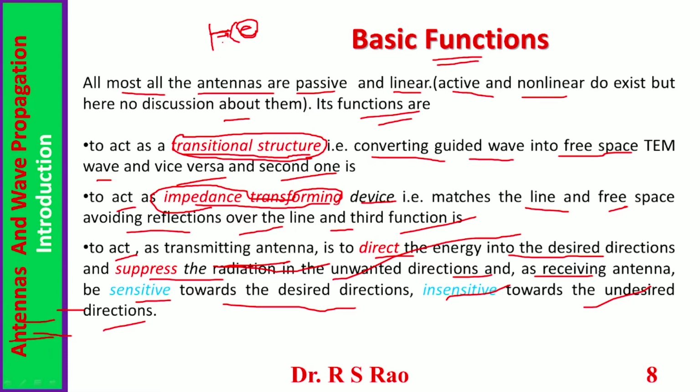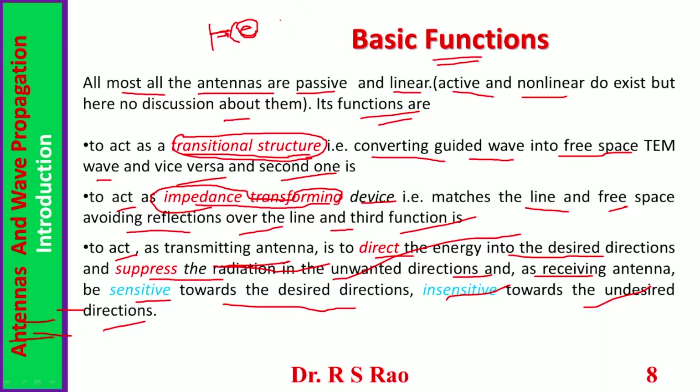So the wave here is undergoing a transition. Not only that, here it is undergoing impedance transformation too. The impedance level of free space need not be the same as the impedance level of the coaxial line. So impedance change is also happening.